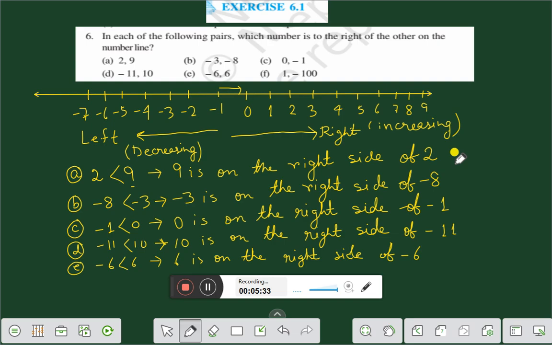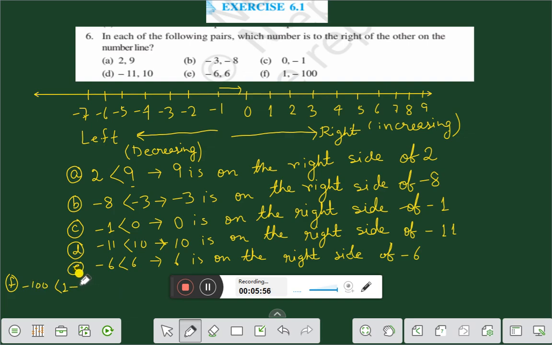F is 1 and minus 100. You have to find out which one is greater. You see, 1 is greater. That is, minus 100 is less than 1, or you can say that 1 is greater than minus 100.